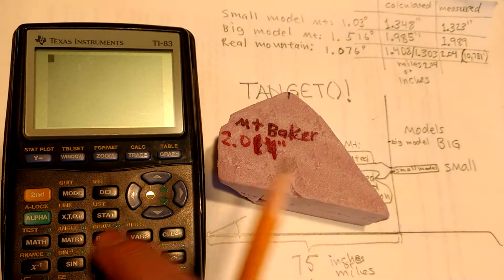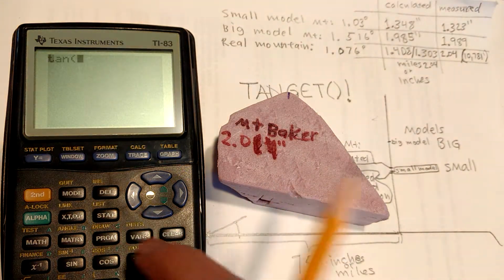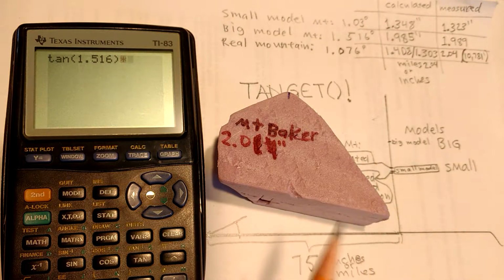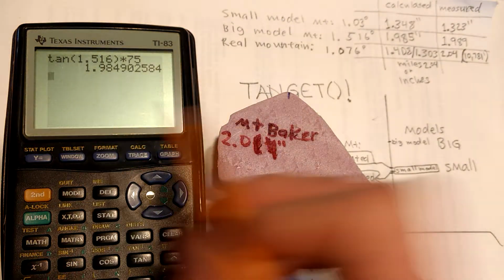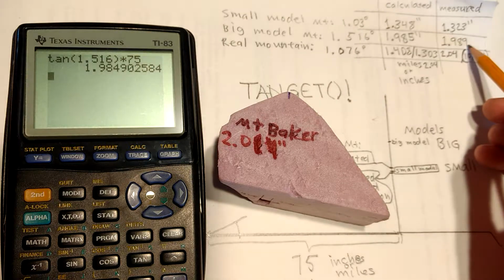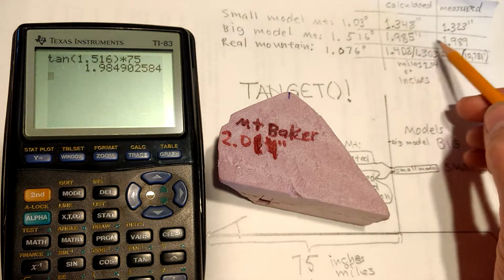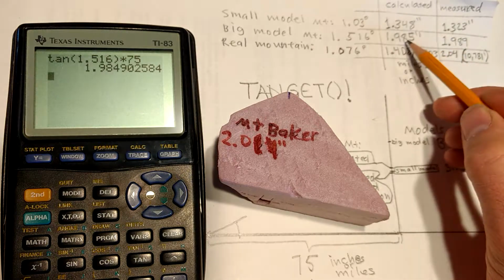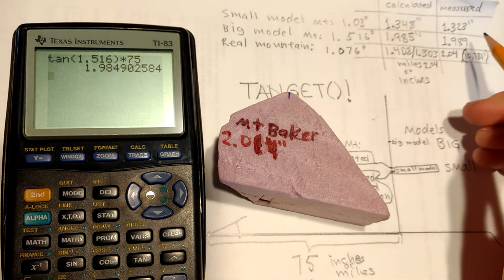And so we take the tangent of 1.516 degrees times 75 inches. Look at that, 1.895. So 1.89, and this is what I measured it at. So again, very close. So the theodolite is working very well.